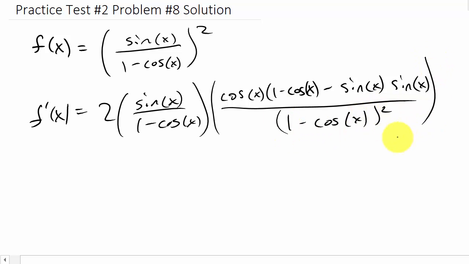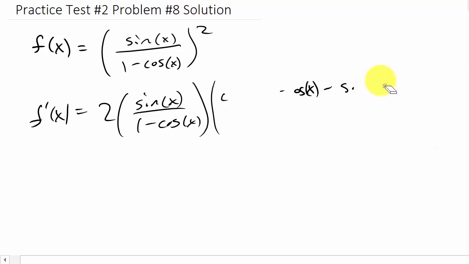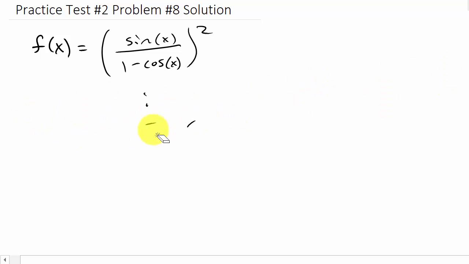Basically you've got this thing to simplify, and it'll get kind of messy. That is an option, but when you're doing these derivatives, try to always use the easiest method.